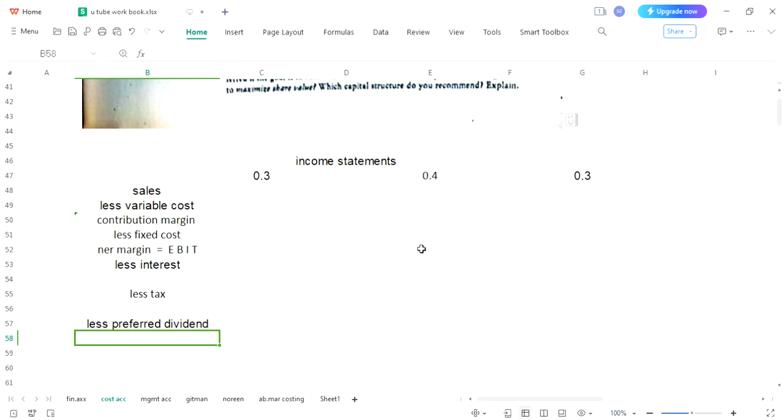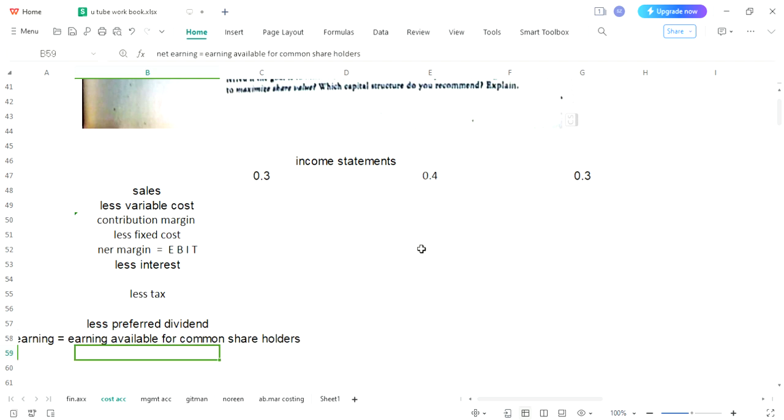By subtracting preferred dividend we get our net earning. It is also called earning available for common shareholders. So guys, in this way our income statement will be completed.